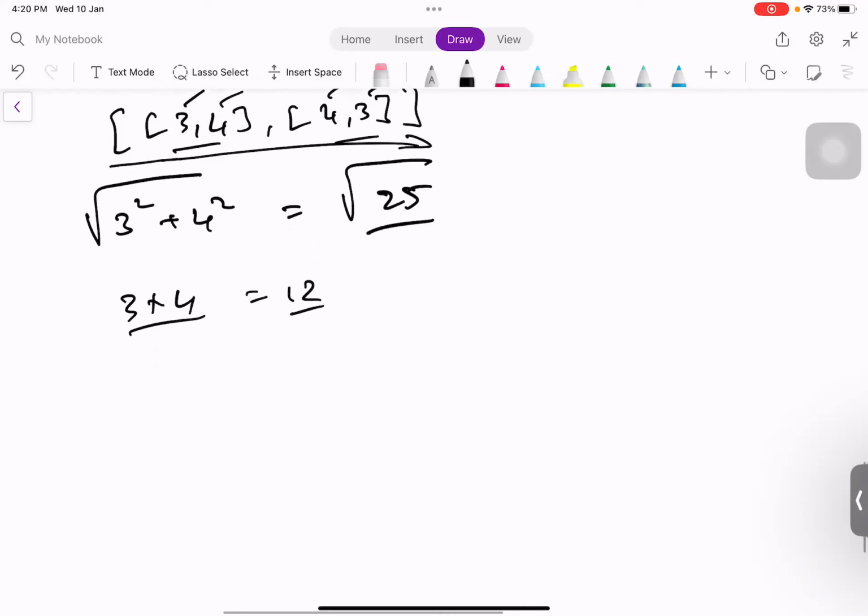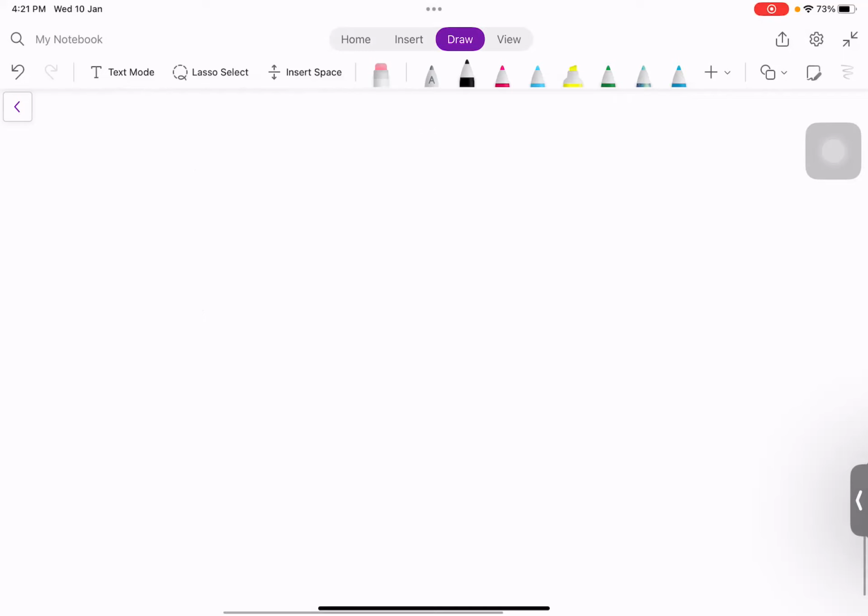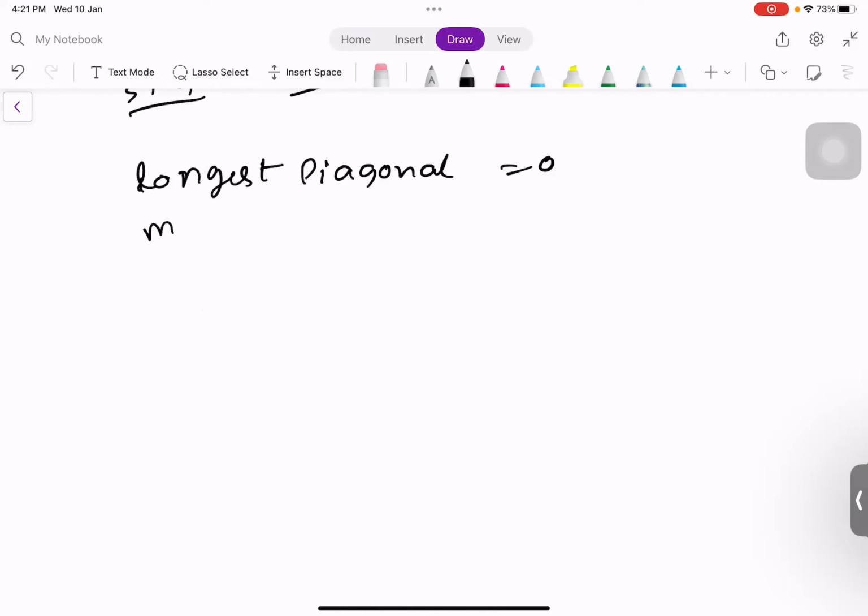Initially, we initialize a variable called longest diagonal, and we initialize another variable called answer. We initialize both of them with 0.